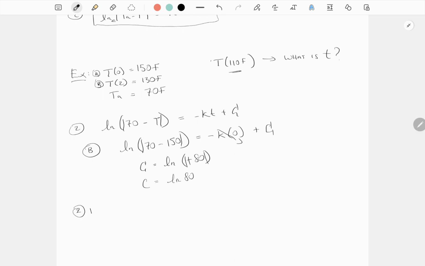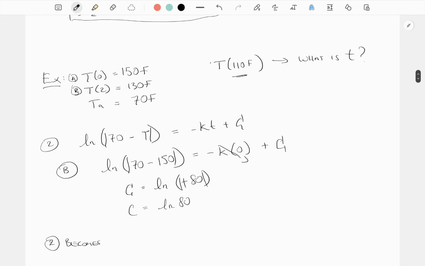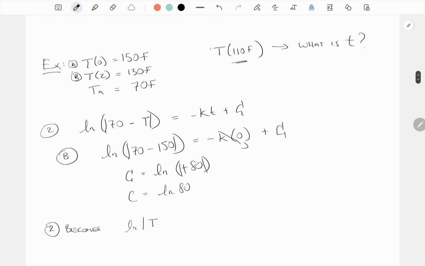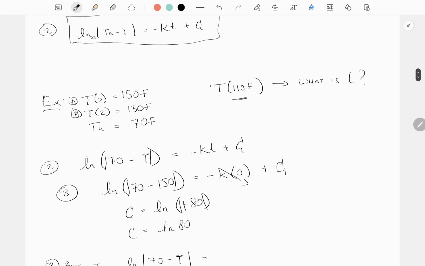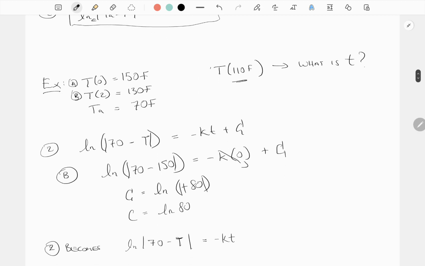So 2 becomes ln of 70 minus T equals negative KT, and C is ln 80.